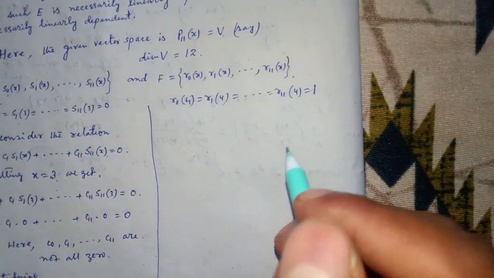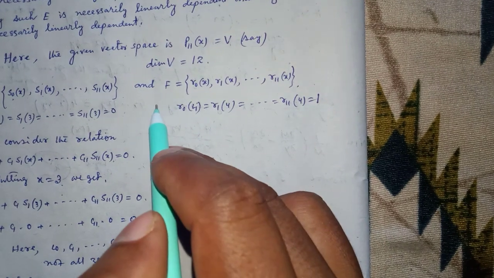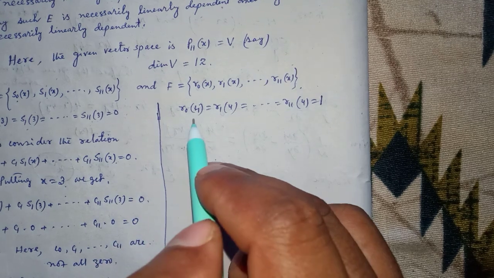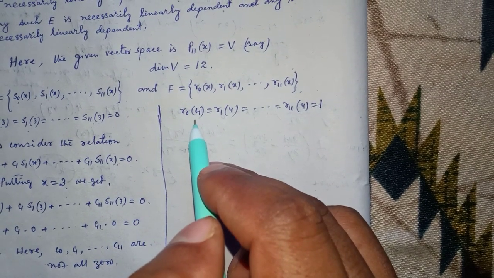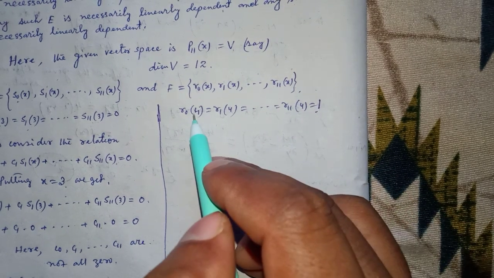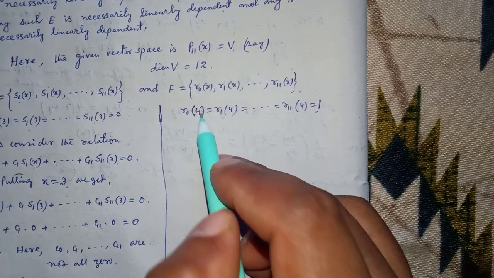For the set F, we see that the elements of F take the value 1 at x equal to 4.